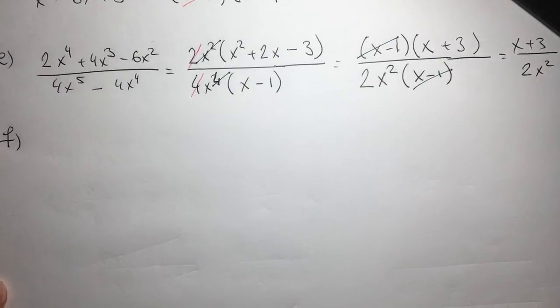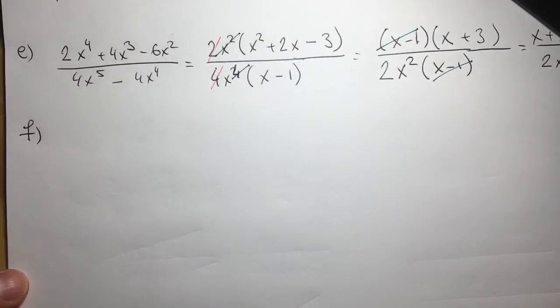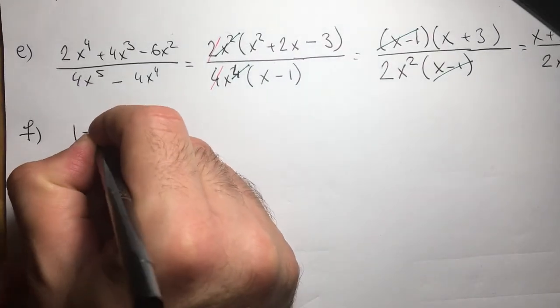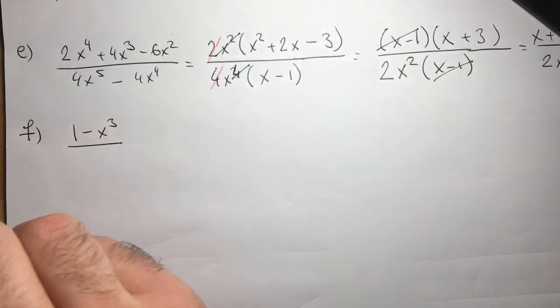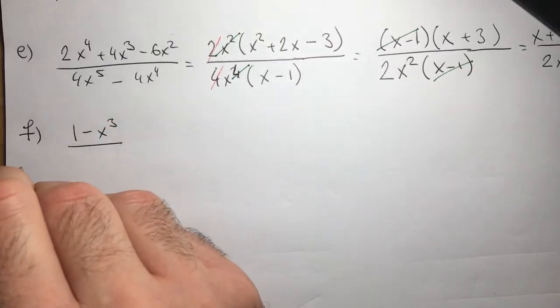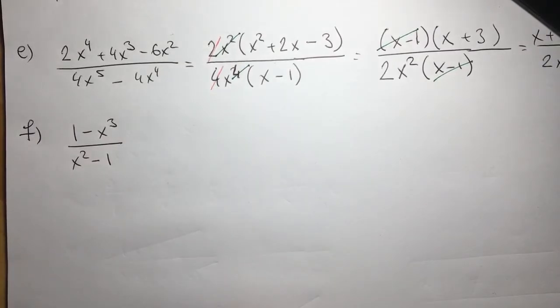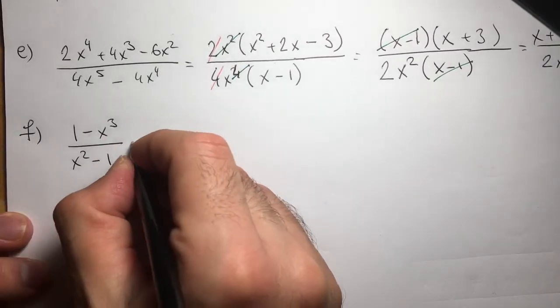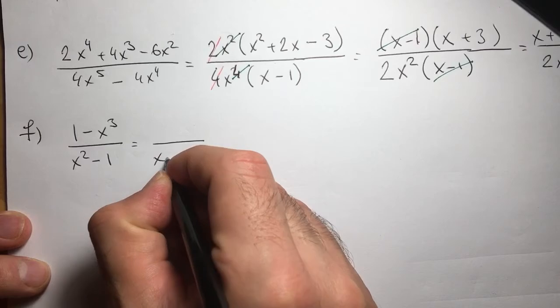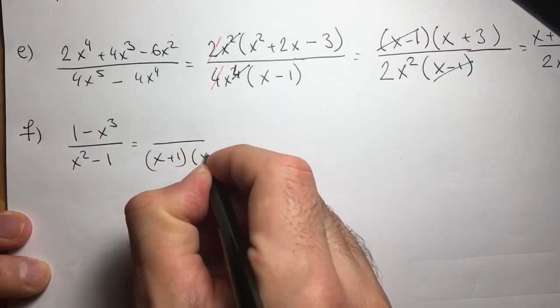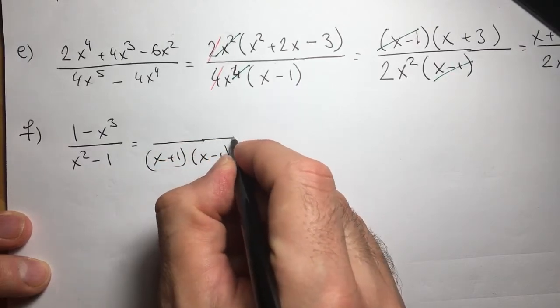F. Okay. 1 minus x cubed over x squared minus 1. In the denominator I have a difference of squares, so that's x plus 1 times x minus 1.